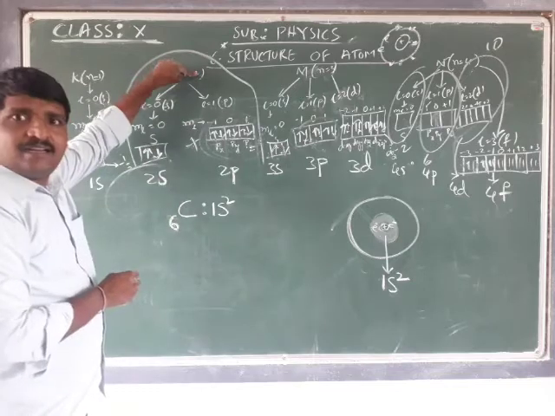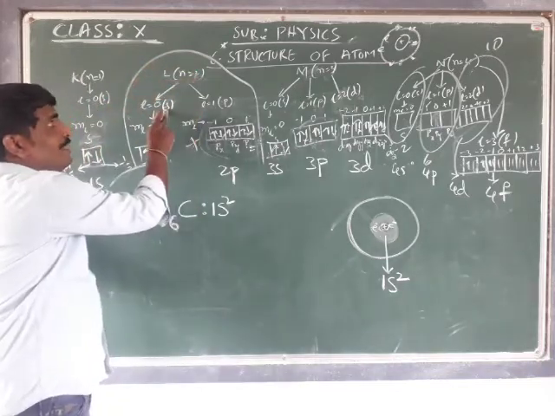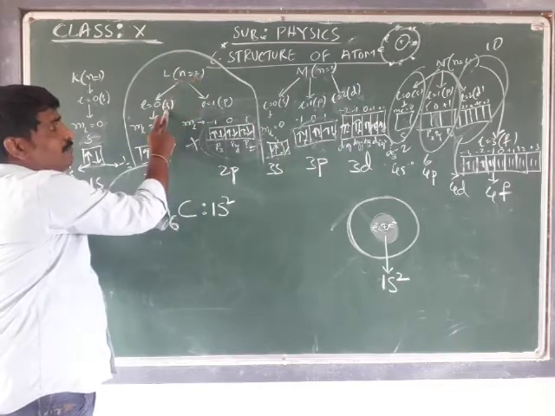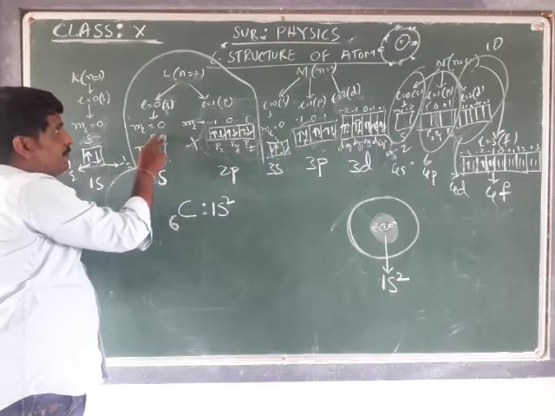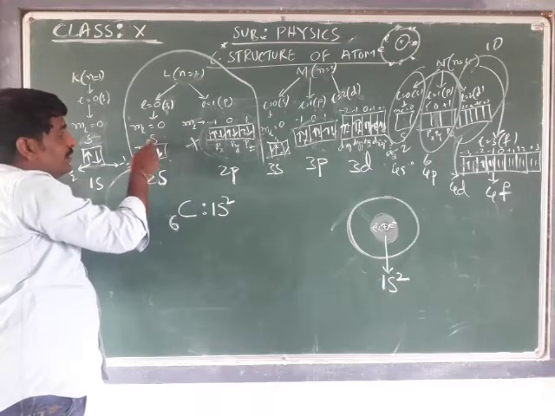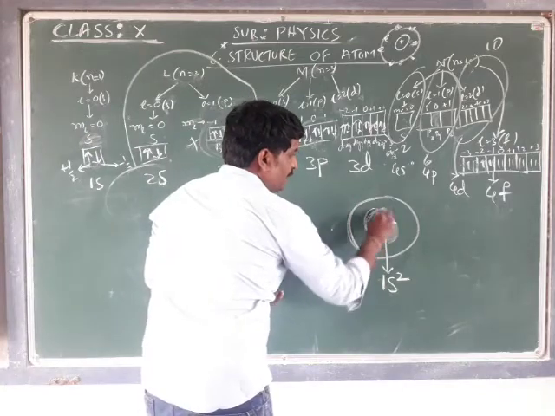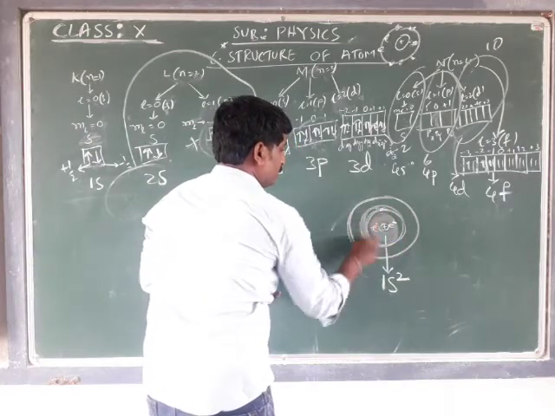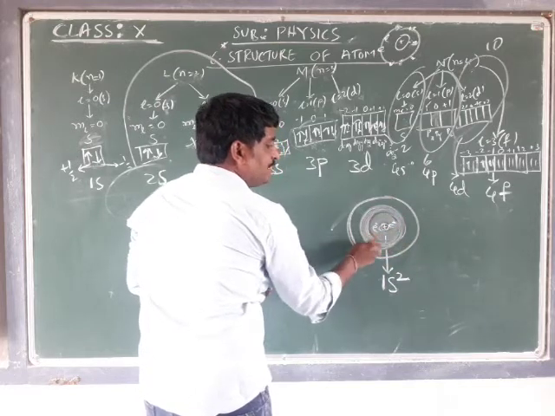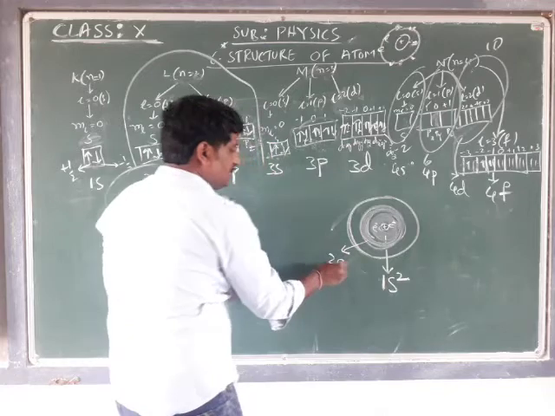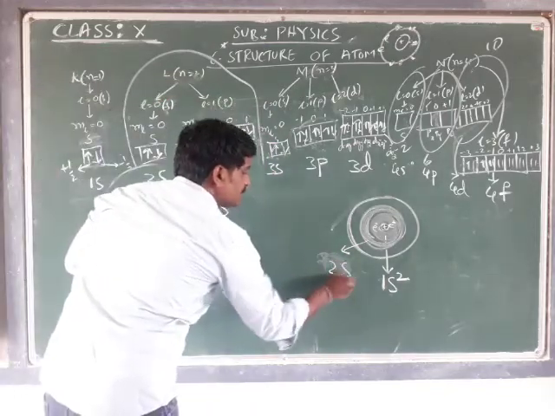Now the second shell. In the second shell, I have the S subshell. I have one orientation, Ml is equal to 0, which is S, in the shape of a sphere. Again, one more sphere upon a sphere I will draw. This sphere upon a sphere is 2s.